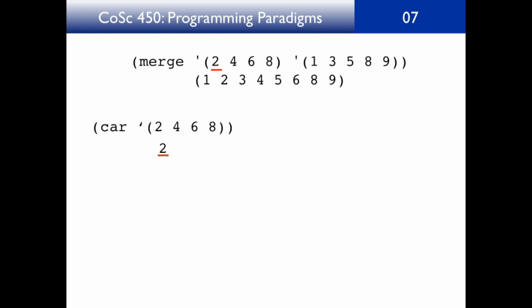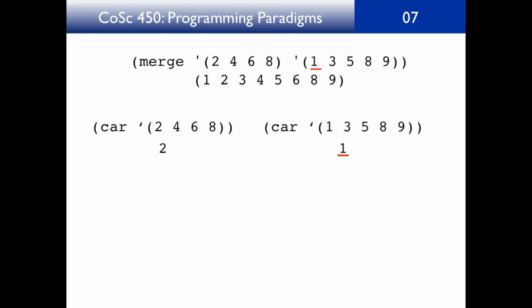What do we have to compare to do the merge? What is the car of the 2, 4, 6, 8? That's the 2, right? And what's the other thing we have to extract? The 1, which is the what of the what? The car of the second list. So the car of the first list is 2, and the car of the second list is 1, right?